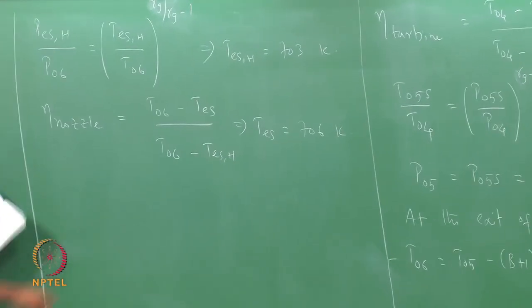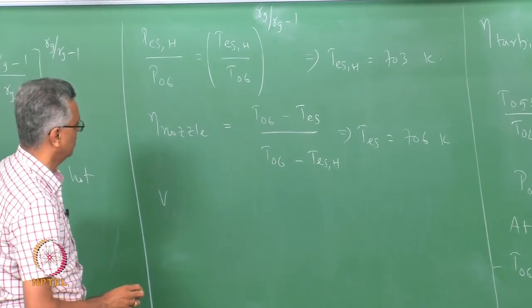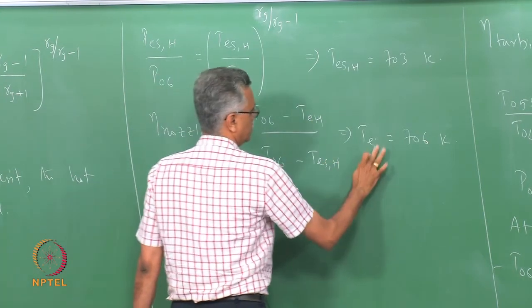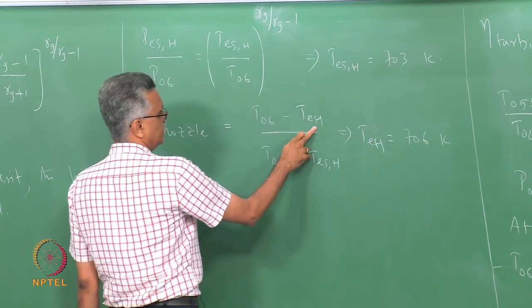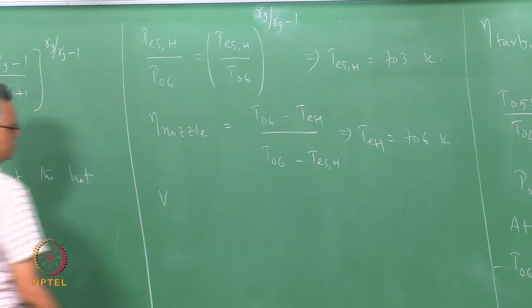Once I have this, I can calculate the velocity. I am sorry, this is TEH, please change this. So I can calculate my TEH to be 706 Kelvin.